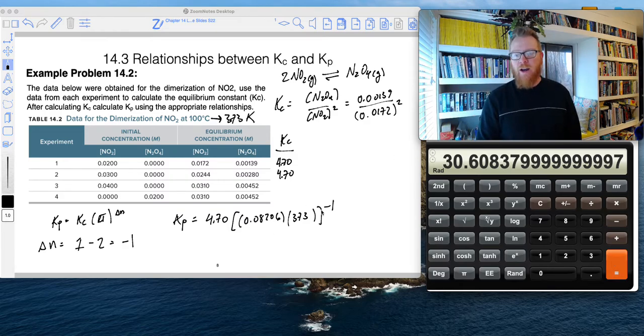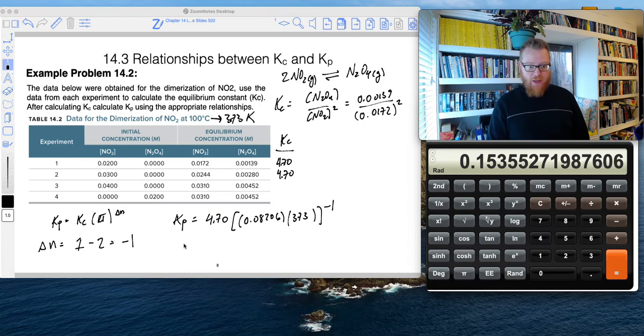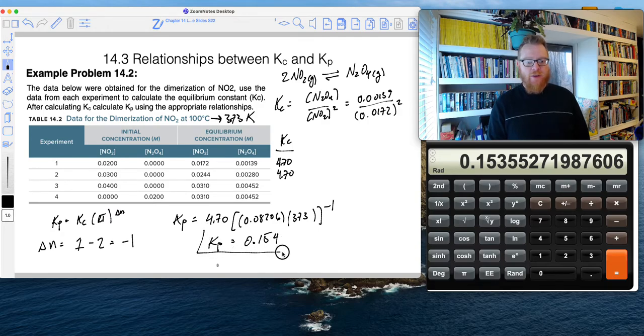I could raise this to the -1, or I've got this handy 1 over x button, which is the same thing. So let's push that button. Now I just flipped it, and then I'm going to say times 4.7 equals. Okay, good, and according to my cheater notes, that's the right answer. So my Kp is 0.154 with 3 sig figs.